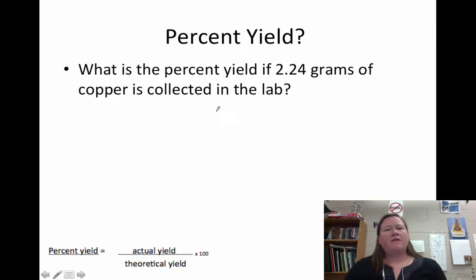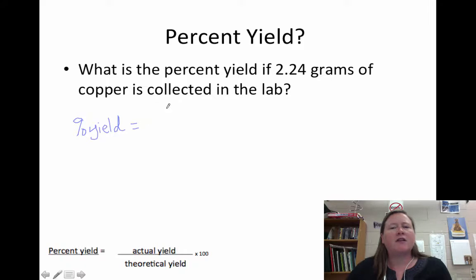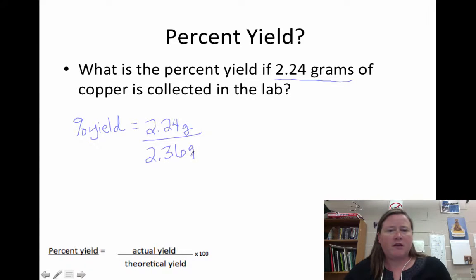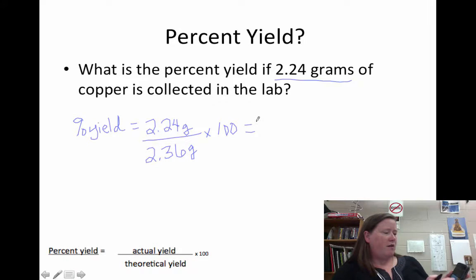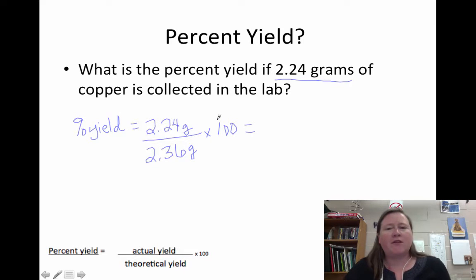Okay? So if the theoretical yield is 2.36 grams of copper and the amount of copper collected in the lab is 2.24 grams, the percent yield is going to be what was actually collected in the lab, 2.24 grams, divided by the theoretical yield, 2.36, times 100, and we are looking at 2.24 divided by 2.36 times 100 is a 94.9% yield.